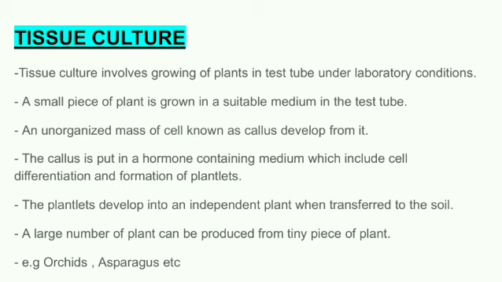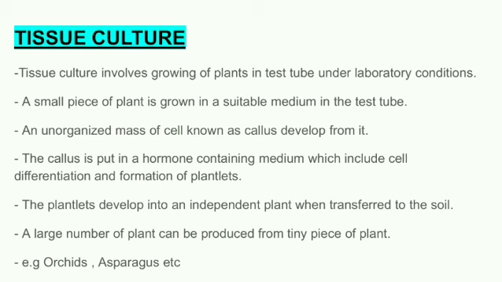What are hormones? They are the enzymes which help in the growth of the plant. After we transfer the callus into the hormone solution, new small plantlets start developing. The plantlets develop into an independent plant when transferred to the soil.